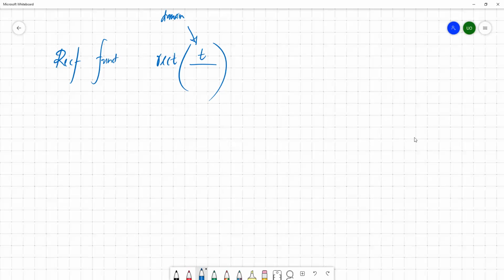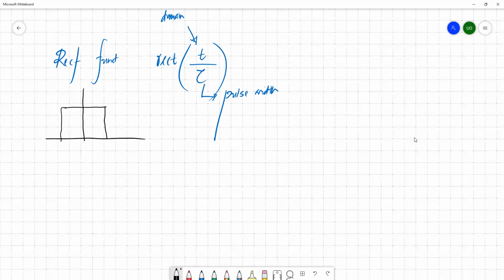So here tau is the pulse width. If you draw it, it's something like that. Here the magnitude is 1.